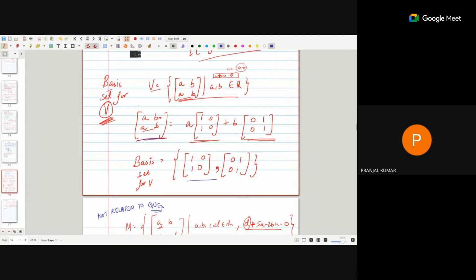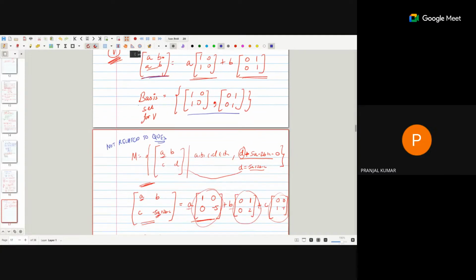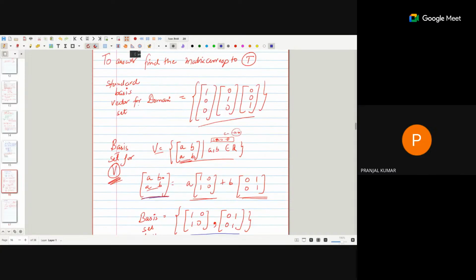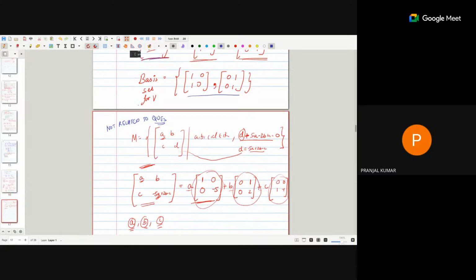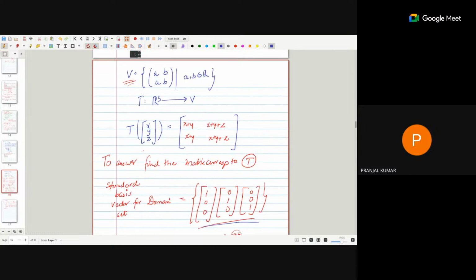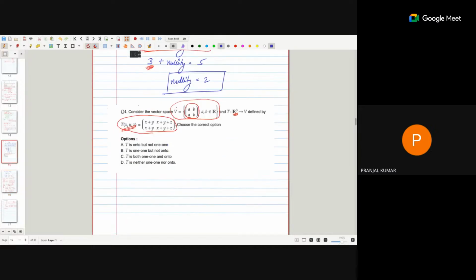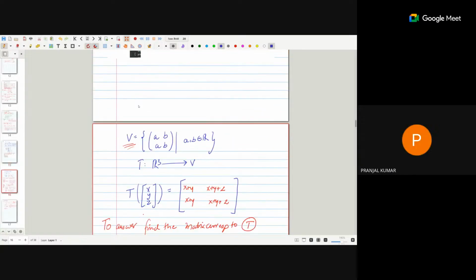So I found my basis vectors. Now these were my basis vectors for the domain, and these are my basis vectors for the codomain. The number of basis vectors tells you the dimension of the codomain. So what is the dimension of the codomain? Is it 2? 2, right. Okay, so it is 2.